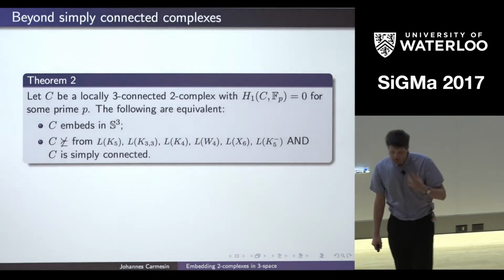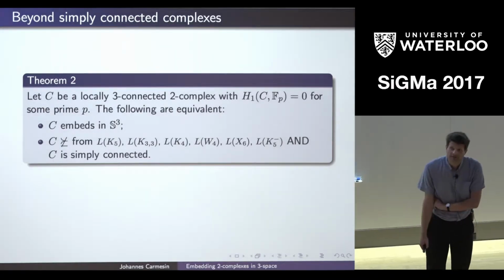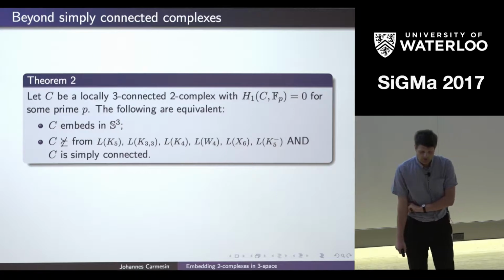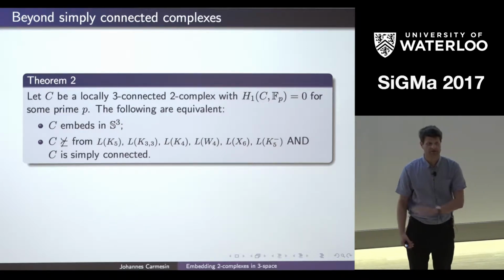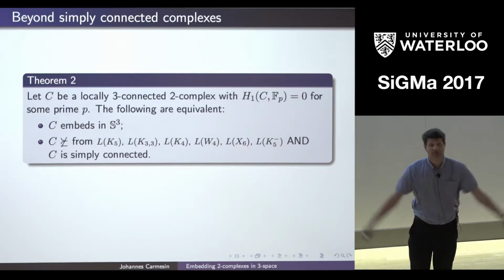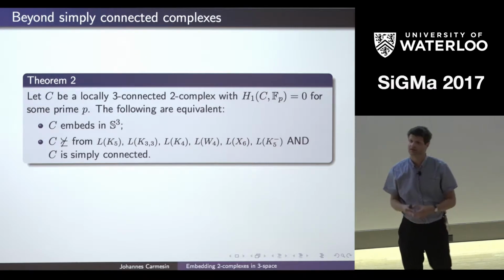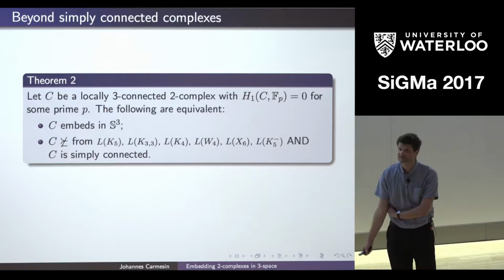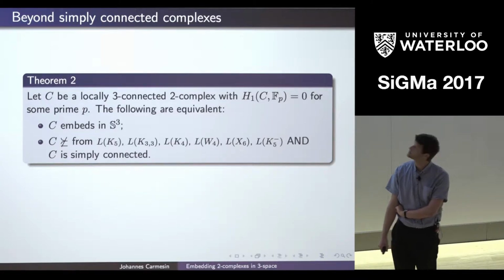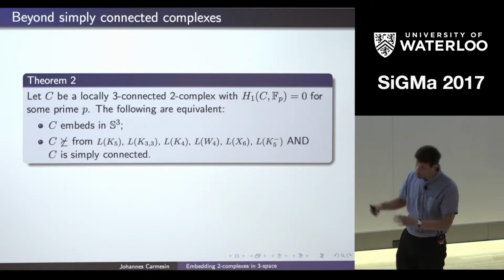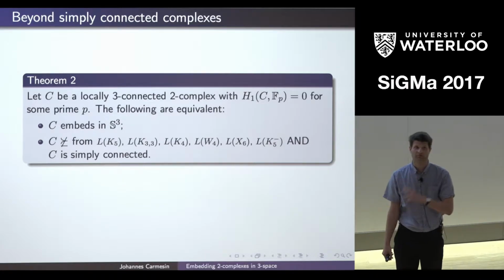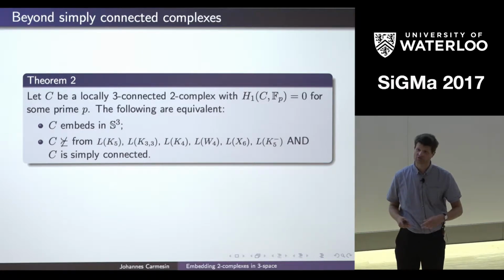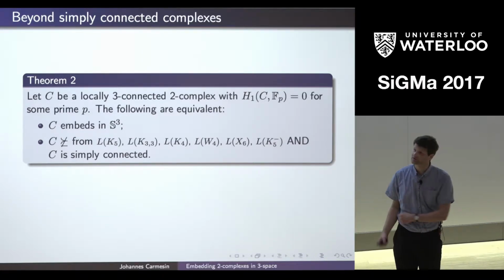So, perhaps the most well-known examples of 2 complexes that cannot be embedded in 3-dimensional space are triangulations of the Klein bottle or the cross cap. And in the next theorem, the cross cap appears as one of the obstructions to embeddability. And now we weaken the assumption that the 2 complex is simply connected to just assuming that the first homology group is trivial.